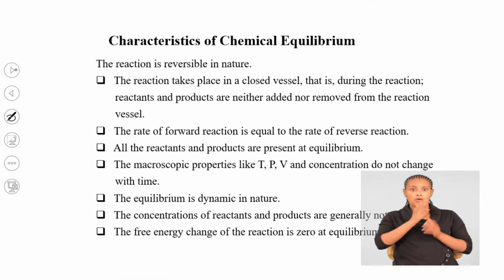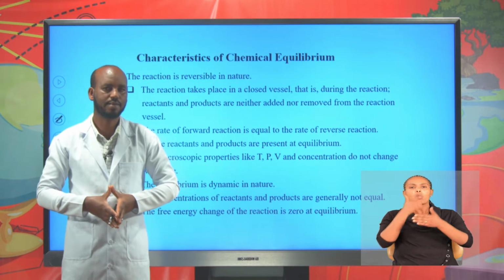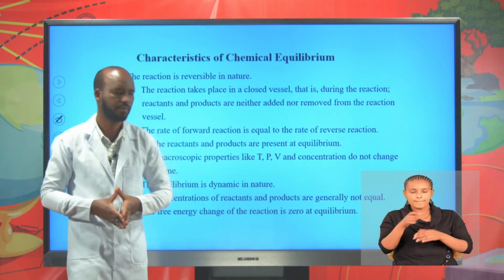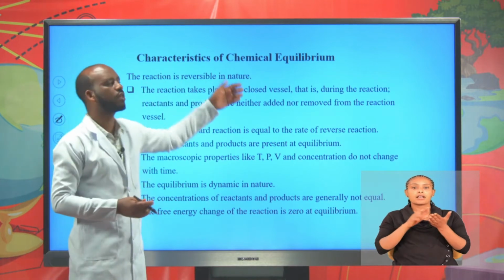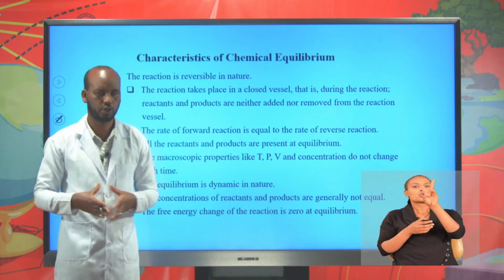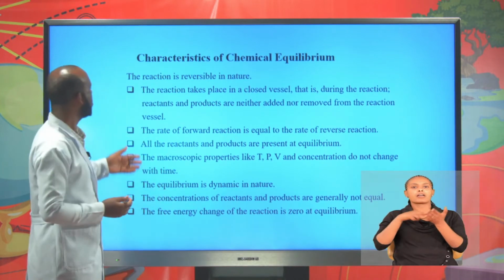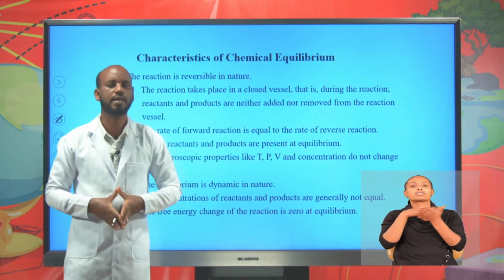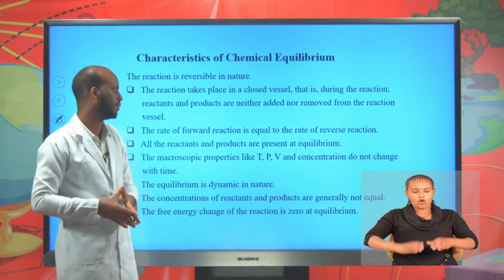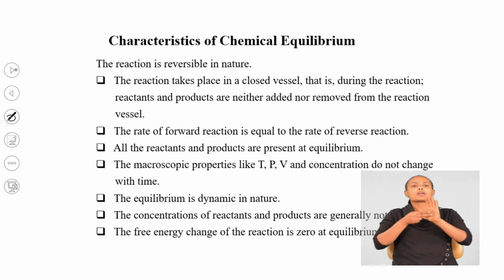Characteristics of chemical equilibrium. What are the characteristics of a reaction at equilibrium? The reaction is reversible in nature; it is a two-way reaction. One, the reaction takes place in a closed container, a closed vessel. That means during the reaction, reactants and products are neither added nor removed from the reaction vessel.